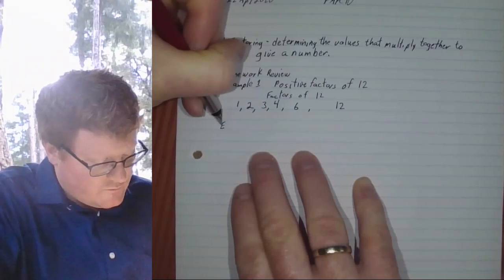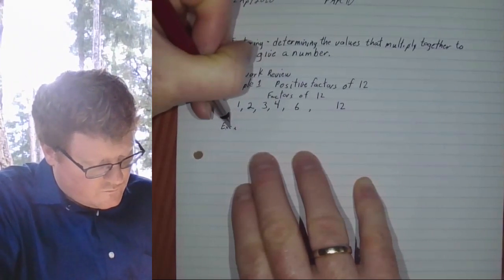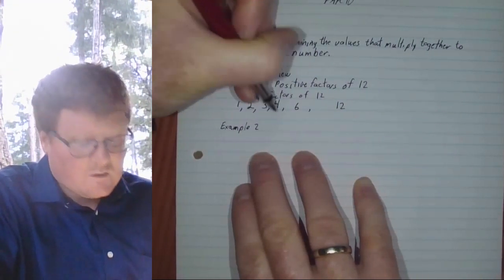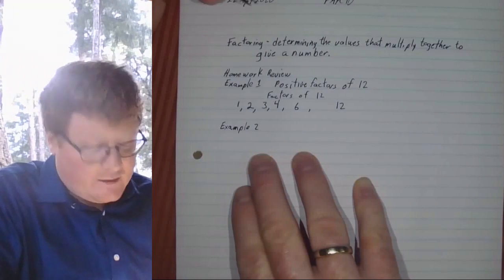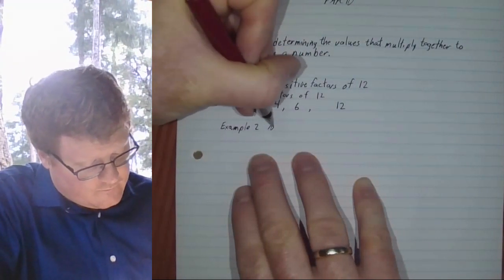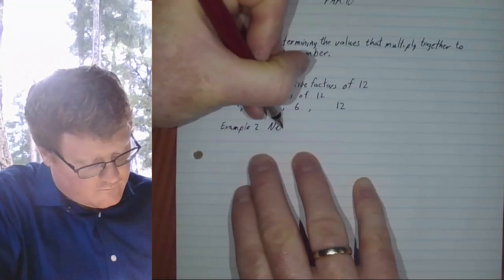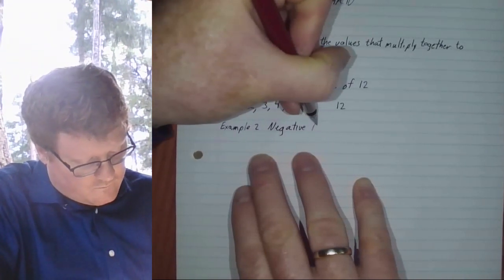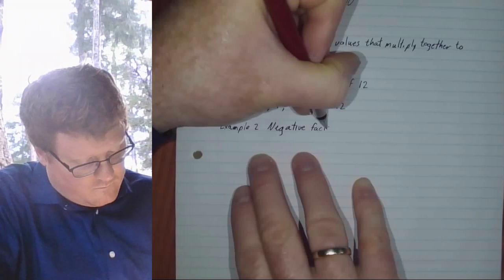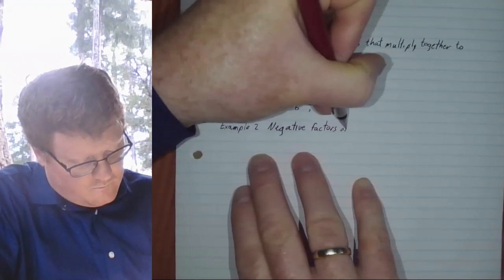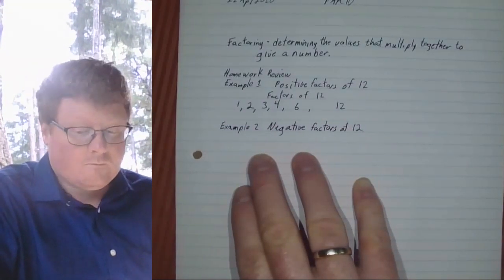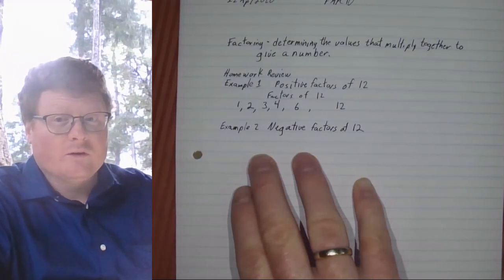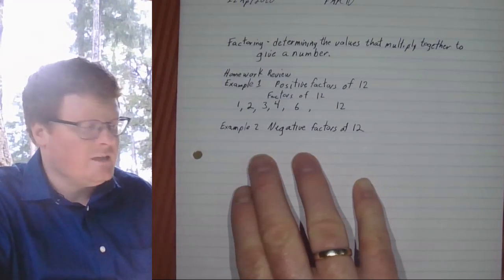Example 2. We were looking for the negative factors of 12. So to get a positive number working with negative terms, both terms need to be negative.